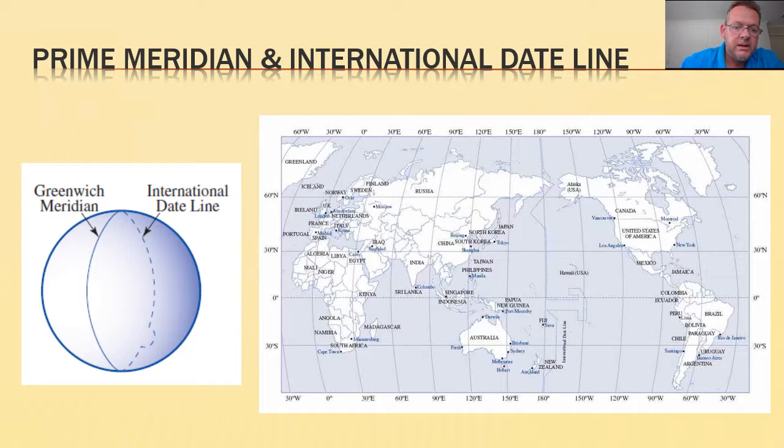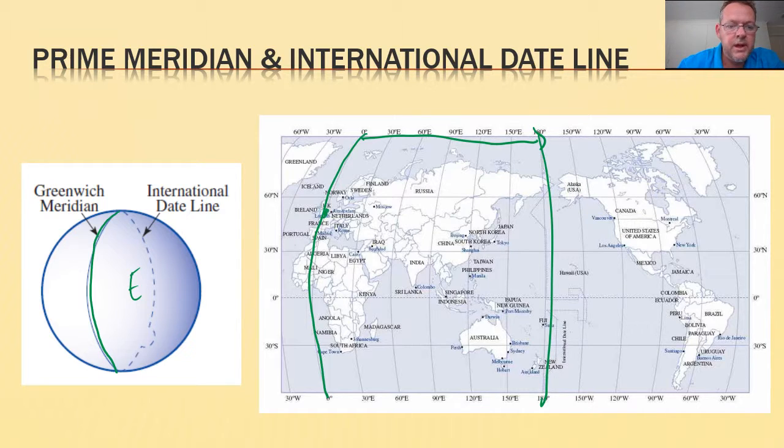We've noted that the Greenwich meridian, or the prime meridian, runs through London. Anything east of the Greenwich meridian is in front of London, and that's this side of this sphere, and anything on this side here is west.